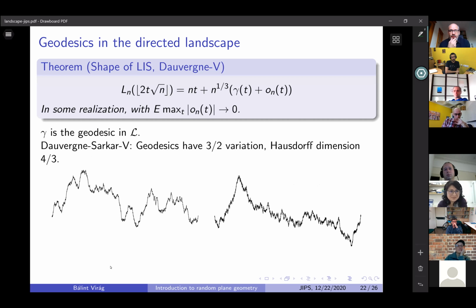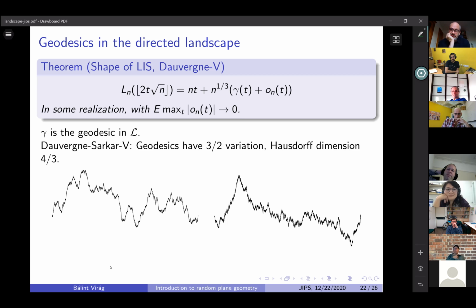And here is our theorem about the longest increasing subsequence, about its shape, right? So the Baik-Deift-Johansson result is about the length of it, but we now look at the shape. So you take this sequence, I don't know, 1, 4, 6 that we had, and now take one that is about two square root of n long, and you plot this sequence in Mathematica, right? You get something which is close to a straight line. Now you subtract the straight line, and you get some kind of fluctuating curve, right? Which is just the sequence itself.